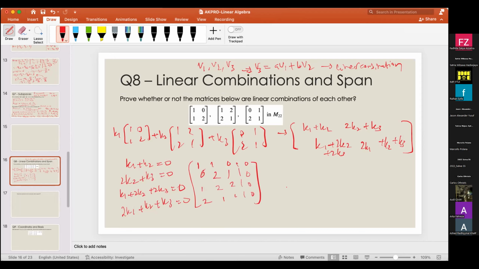Okay, so now what we're going to do is knock out these two by R3 minus R1 and R4 minus 2R1, sorry.